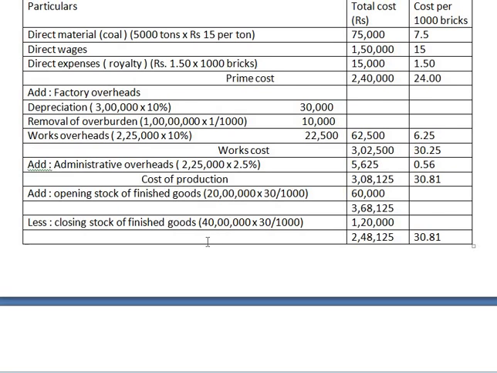This is actually cost of goods sold, but in this problem they haven't given us selling and distribution overheads. So this itself is called cost of bricks sold, or you can say it can be total cost. Okay, yes.